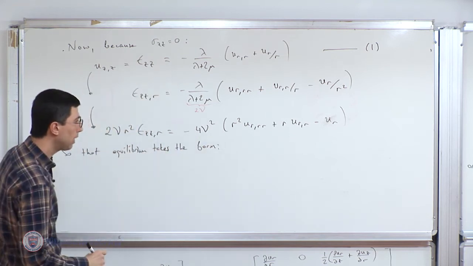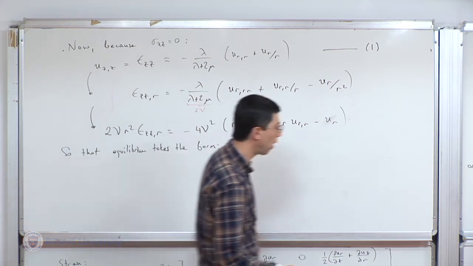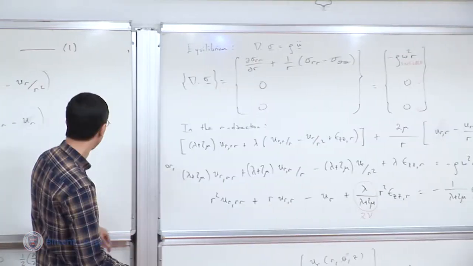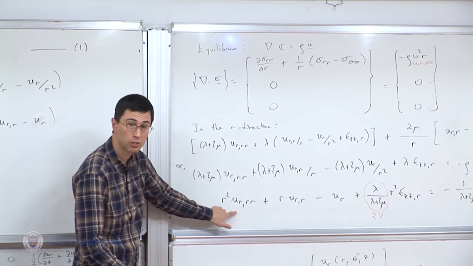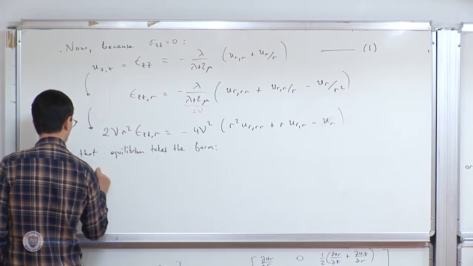So the equilibrium takes the form, right? You see that there's a minus 4 Poisson ratio squared factor eventually multiplying every term that appears there. So there is a common factor, 1 minus 4 nu squared.